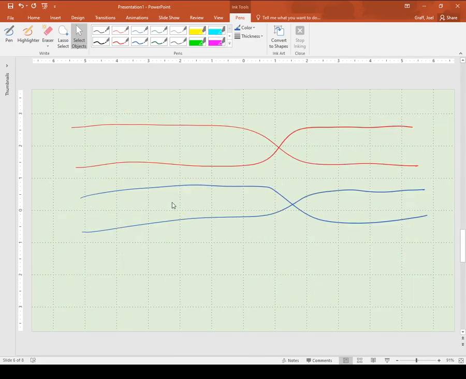So let's draw in our microtubule pulling that chromosome that way, and the microtubule pulling the sister chromatids that way. And I haven't drawn them so that they have crossed over each other.